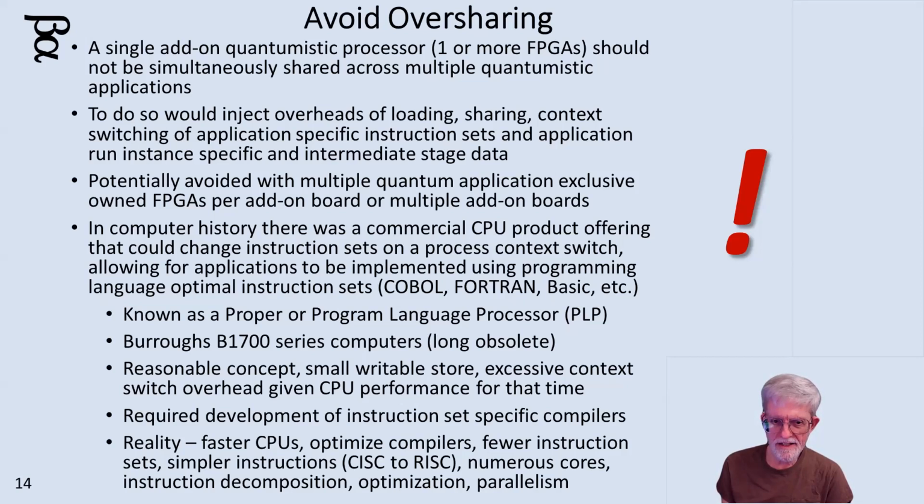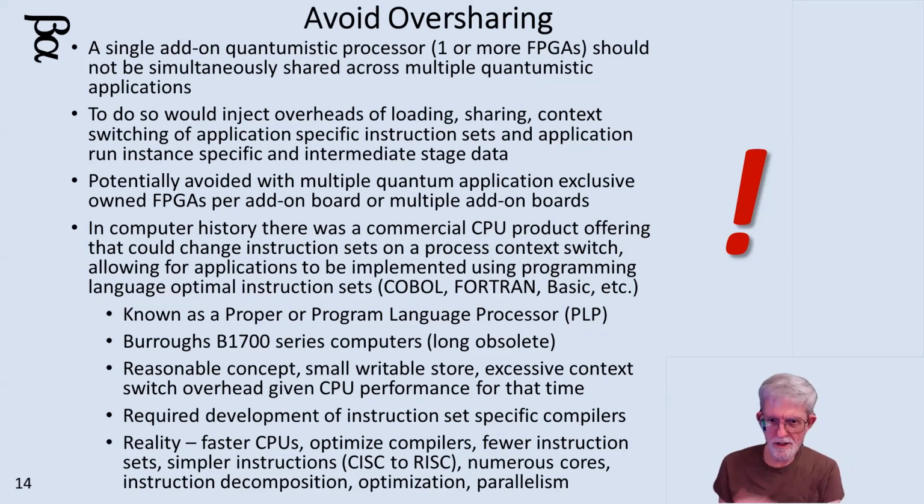Kind of like doing a context switching thing. And the answer would be no, because it would slow it down. There have been, in the history of commercial computing, attempts at having a software-defined instruction set for the computer itself, where you didn't have a predefined, fixed set of instructions.